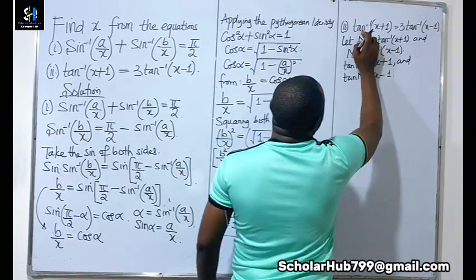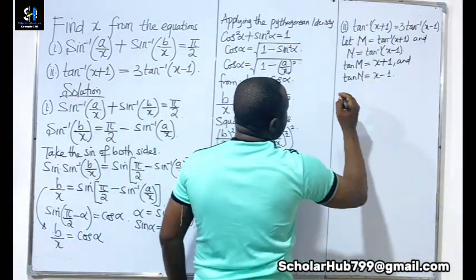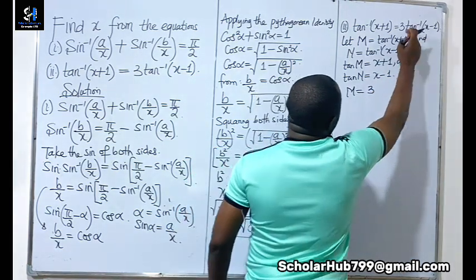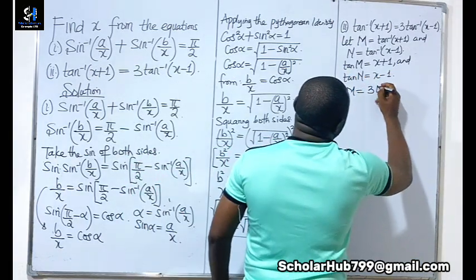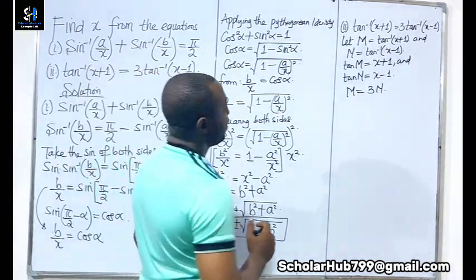So from the original question, we are going to have m equals 3 multiplied by inverse tan of x minus 1, that will be m.